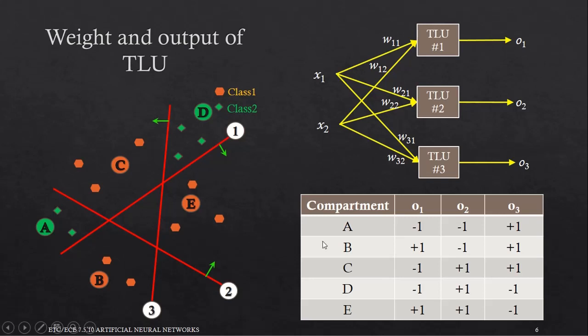For patterns in compartment A, response from O1 would be -1, response from O2 would be -1, and the response from O3 would be +1, and so on for each compartment. This table shows the summary. Pause the video for a minute or two and verify the table.